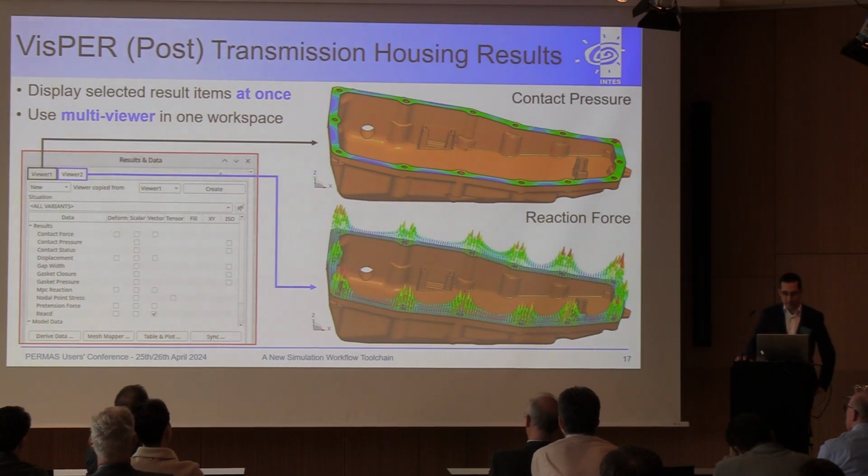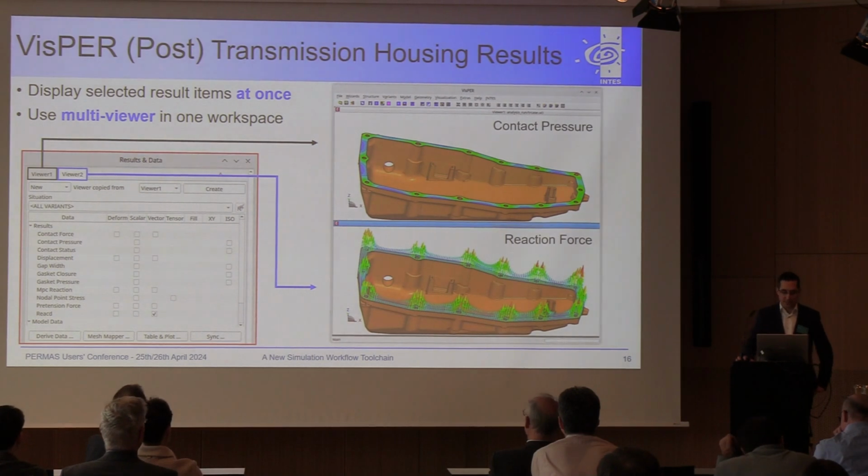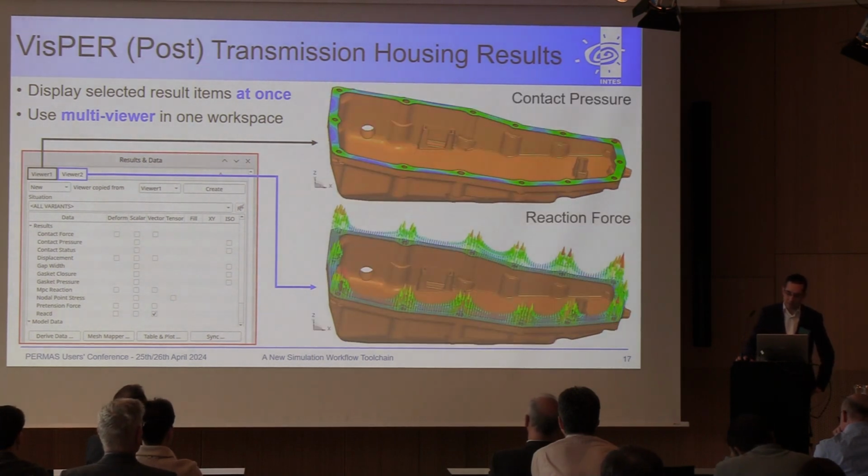I want to give you the information that when we look at the reaction forces here, as you can see, this is typically represented in the global coordinate system. But if you are interested in some results in a local system, like this of the oil pump, which is rotated a little bit, then you have the possibility in VisPER to transform your results on the fly, which I will show you.